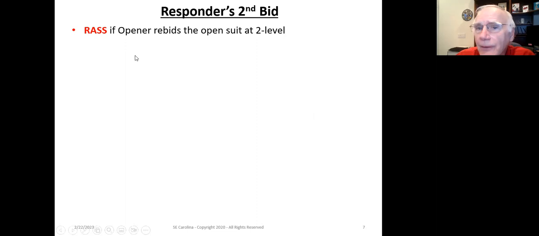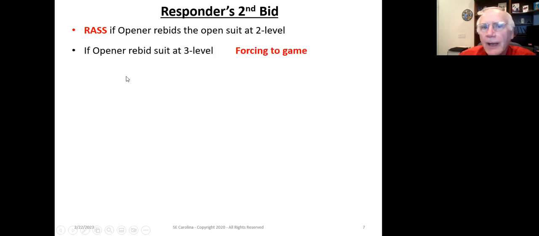If the opener rebid their suit at the 2 level, they're saying I've got a minimal opening, and you should pass unless you've got something really unusual. So 95% of the time, the responder is just going to pass if the opener rebid their suit at the 2 level.